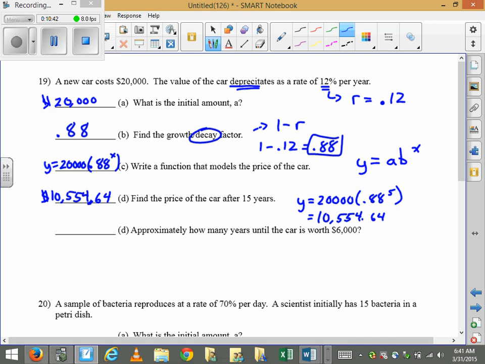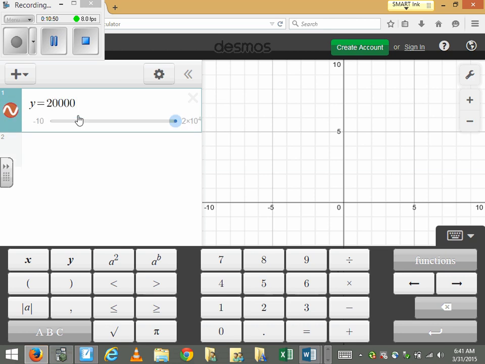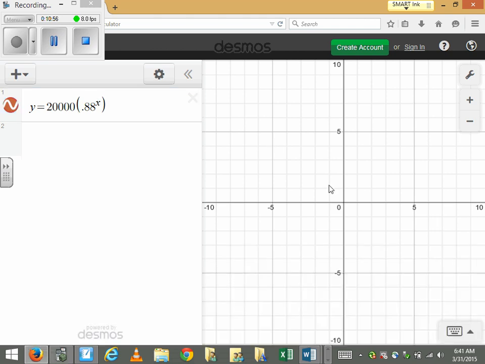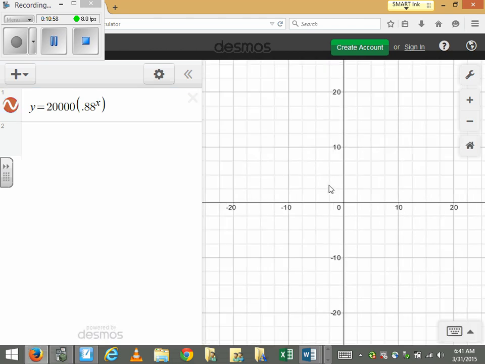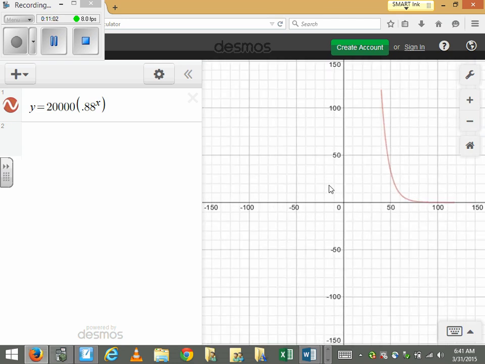This is where Desmos is going to be really, really helpful for us. So if we open up Desmos and we type in y equals 20,000 times 0.88 raised to the x power, as is, we don't see it, so we're going to have to zoom way out, keep zooming. All right, now we're starting to see it.